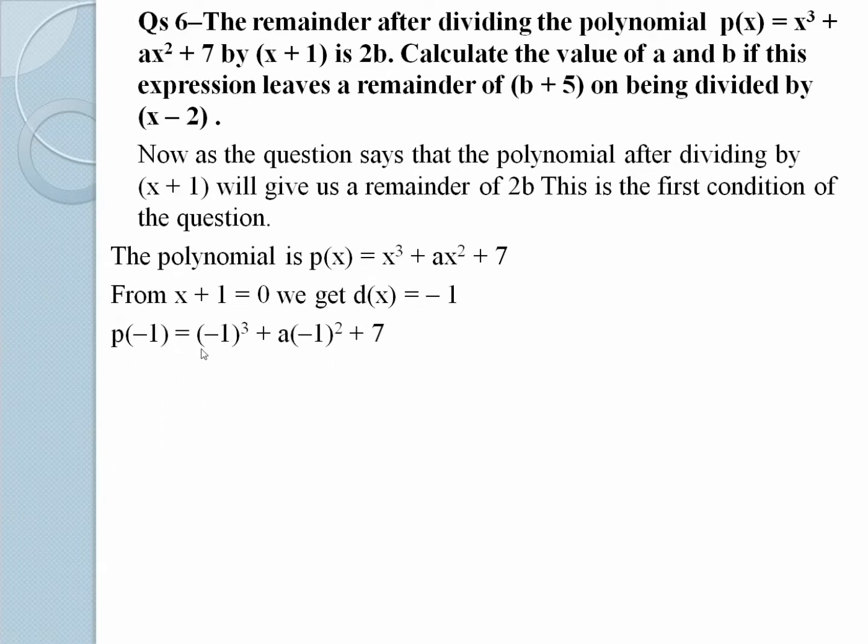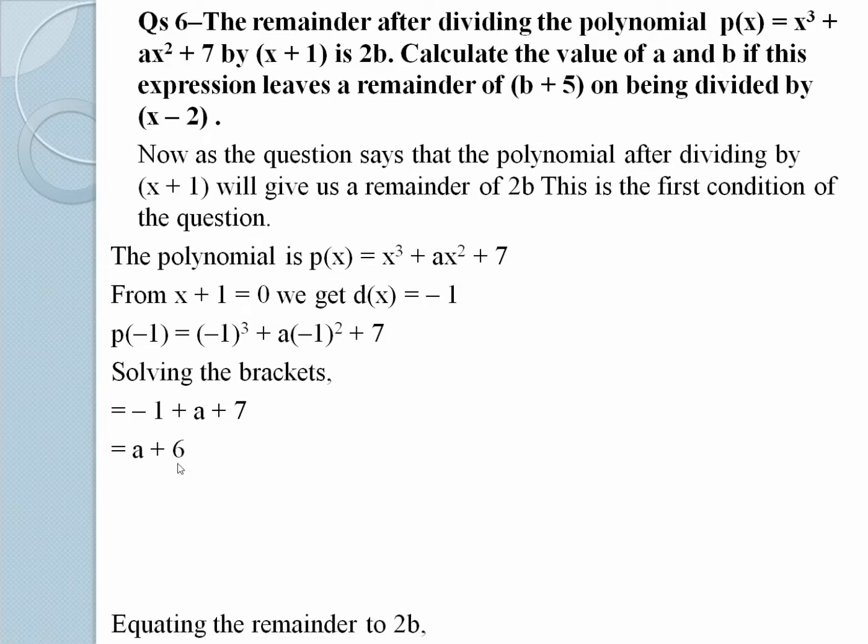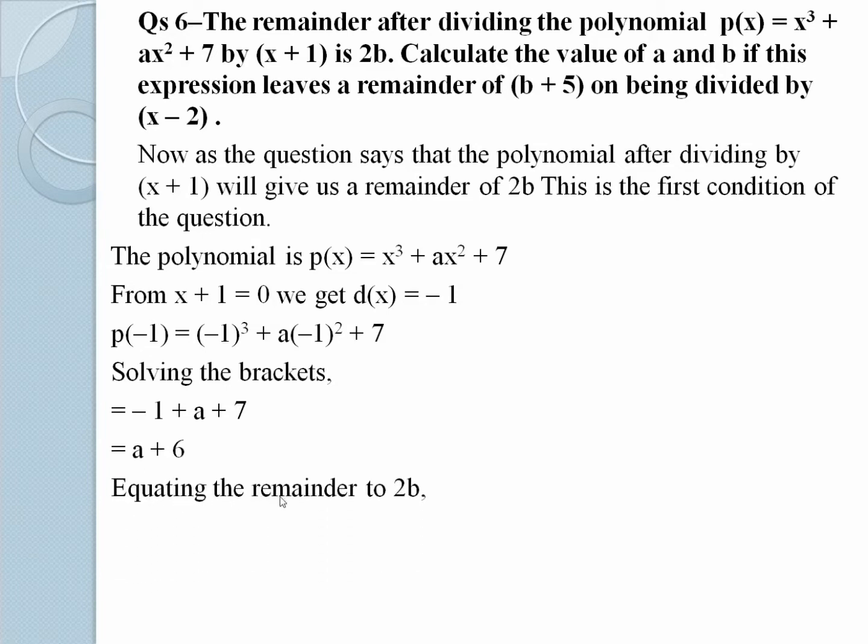P of minus 1 equal minus 1 cube plus a into minus 1 square plus 7. Solving the brackets: minus 1 plus a plus 7, a plus 6. Equating the remainder to 2b, a plus 6 equal 2b. Equation A, first condition.